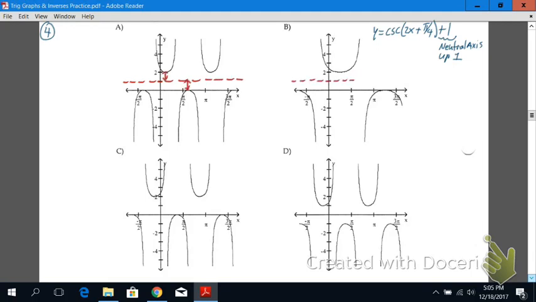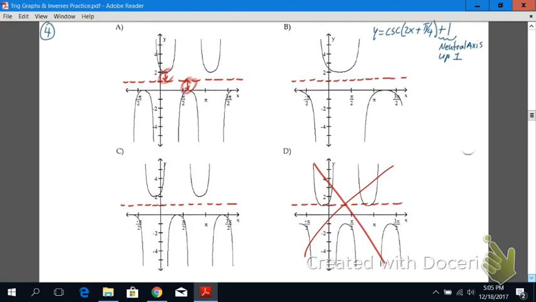So for each one of these, I'm just going to plot where the neutral axis is supposed to be. And how do I know it's the neutral axis? Look over here at this distance and this distance: the bottom of my bumps and the top of my dips are the same distance, or amplitude, away from the neutral axis.